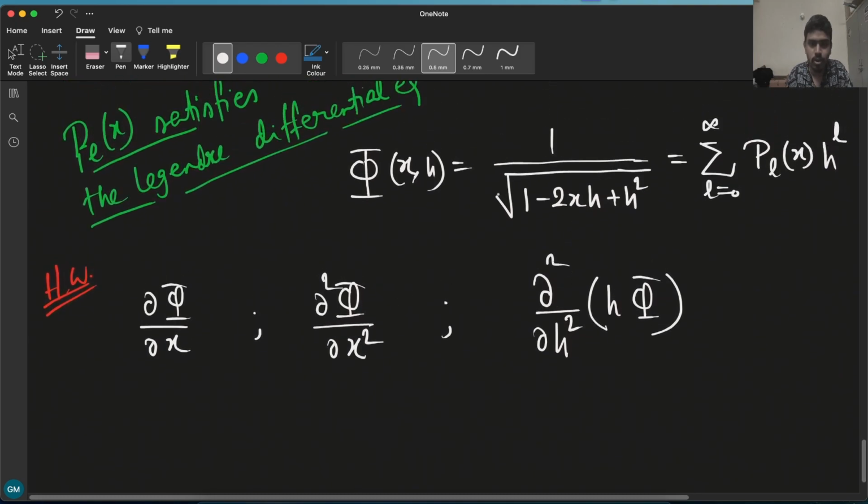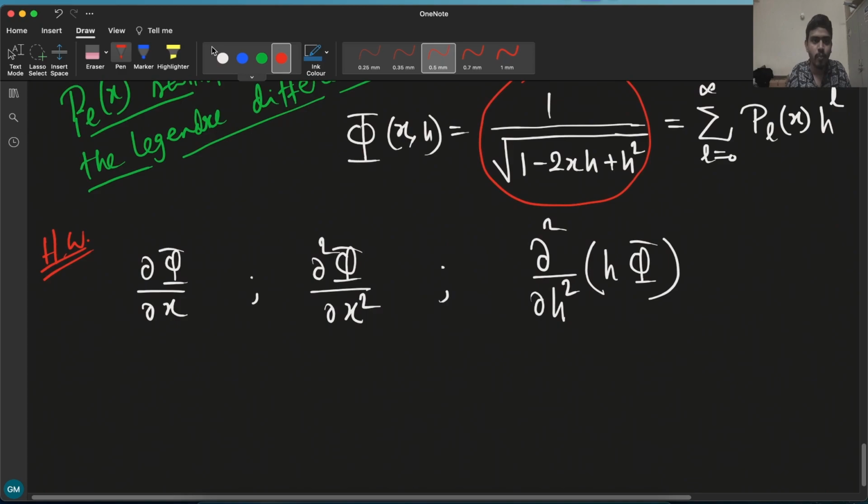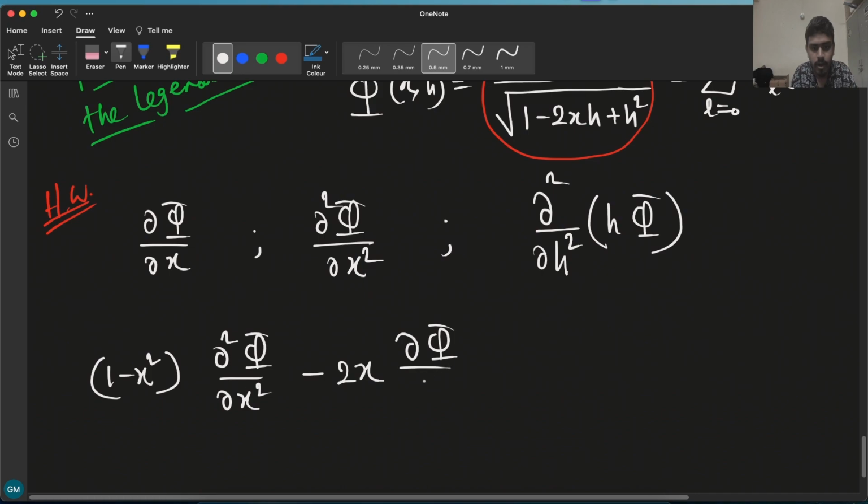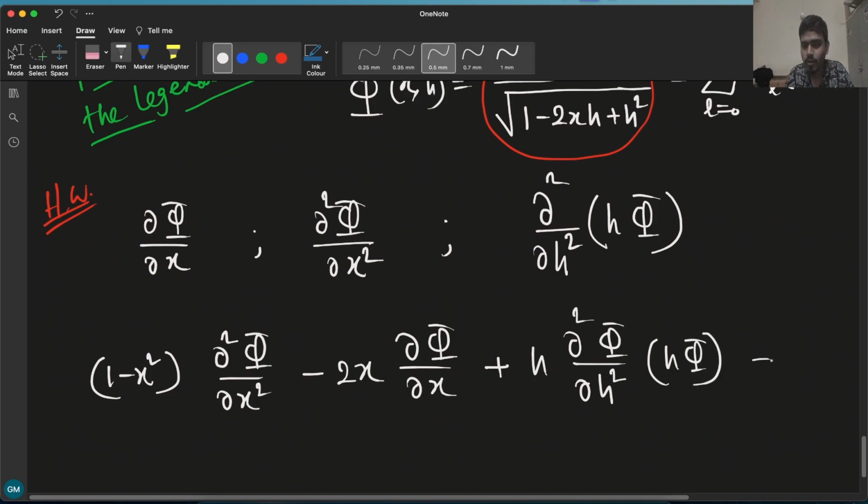You should take phi as this, and then calculate these expressions, and then if you put them together like this, so like (1 minus x square) del 2 phi del x2 minus 2x del phi del x plus h times del 2 del h2 of (h phi), then you will get 0.